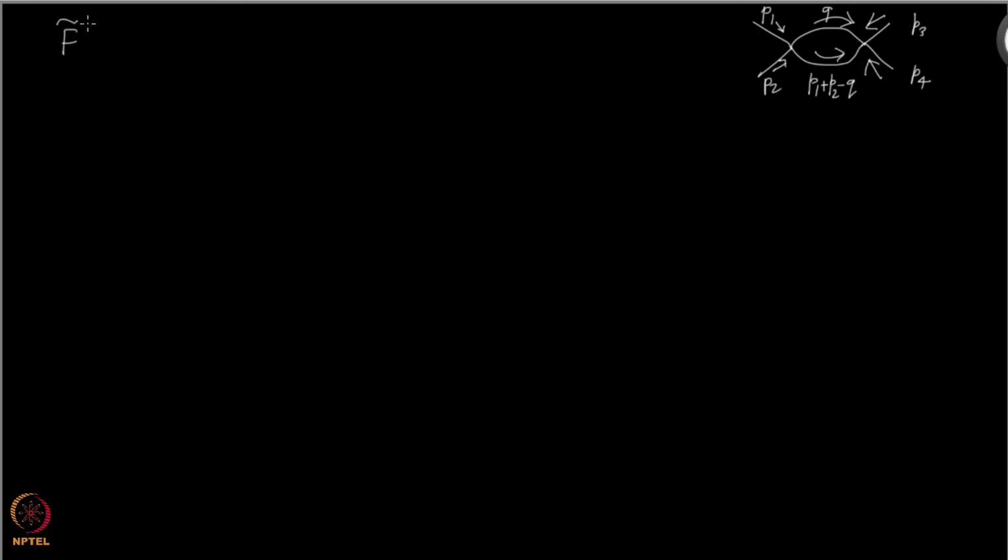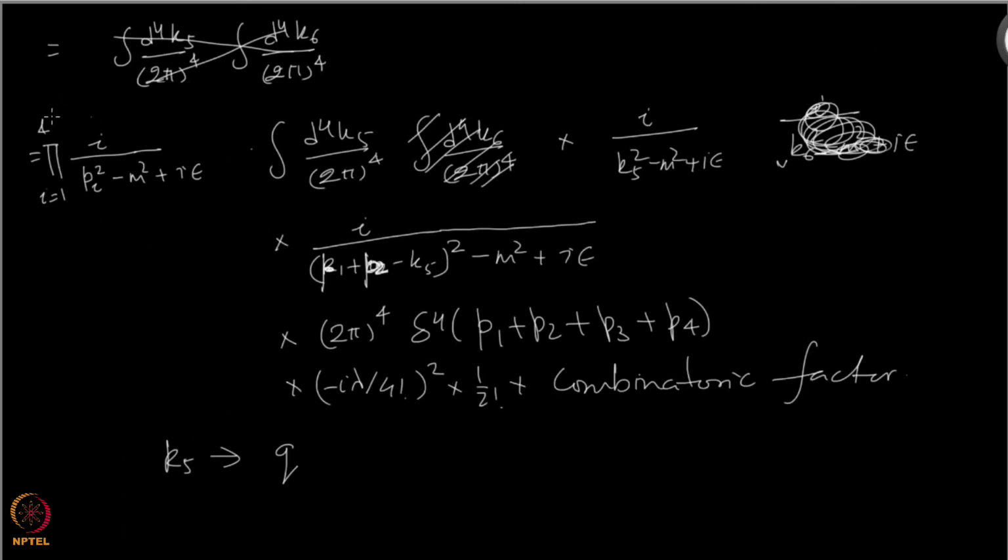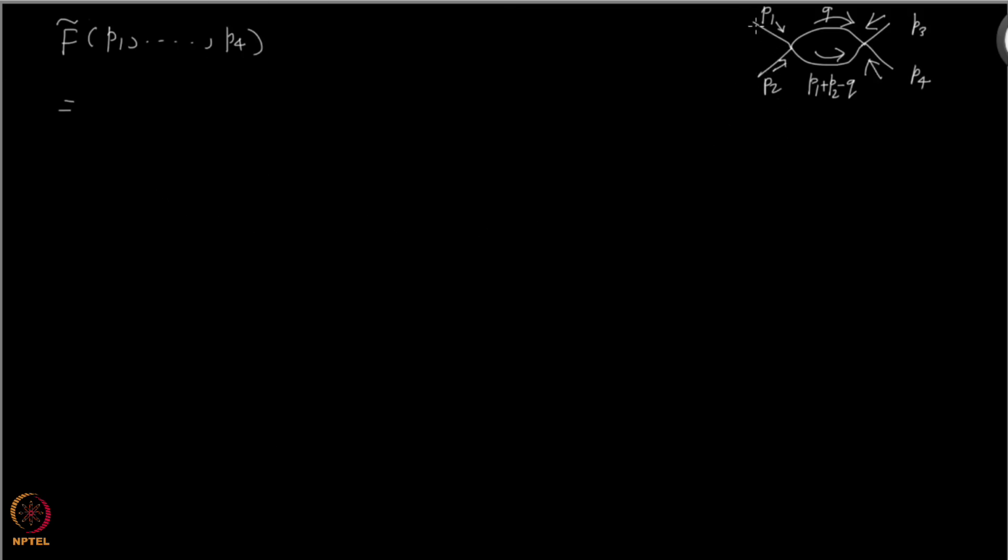So let me write this as f tilde p1 to p4. Okay, so this is not now f of x1 to x4, this is f tilde p1 to p4. Okay, so I am specifying the external momenta here now based on the calculation that we did, and the result is this. First factor was for each external propagator I have such a piece, and by external propagator I mean the propagator that connects to the external points.